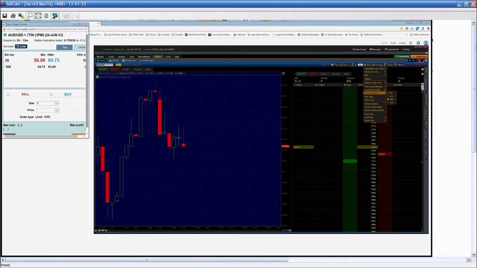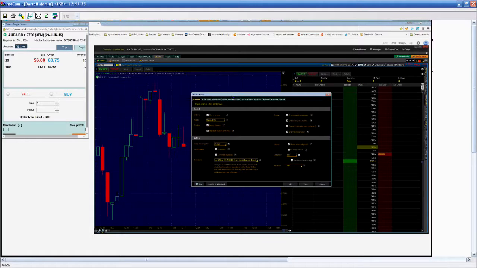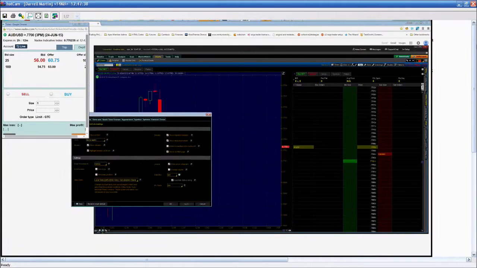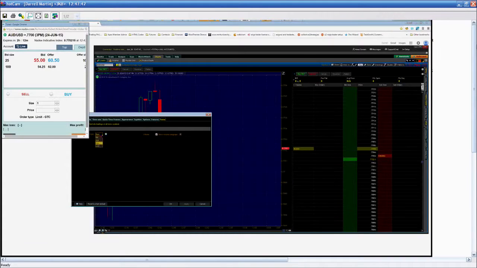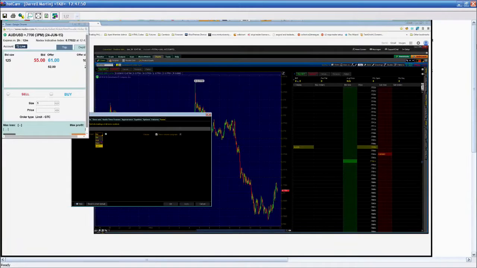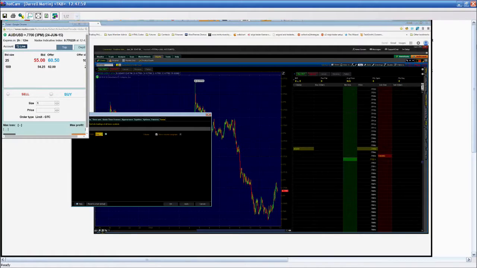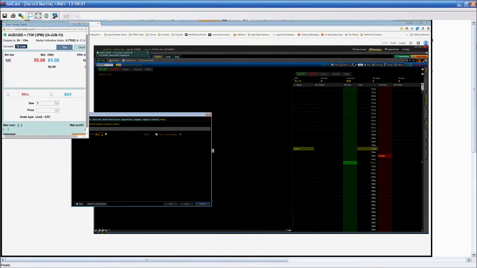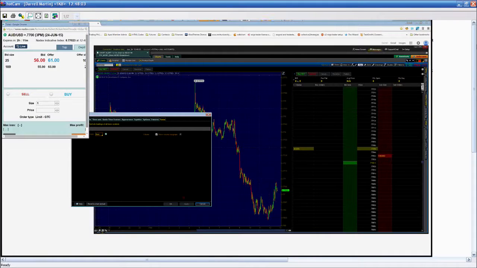If I change the setting, it'll probably move on me. Still showing 7702, so I hit apply. Now I see 7701, the bid price. If I say show me the ask, still sitting at 7701 on the bid, now I see 7703. I go to the mark price, hit apply, and now I'm seeing 7702 right in the middle.